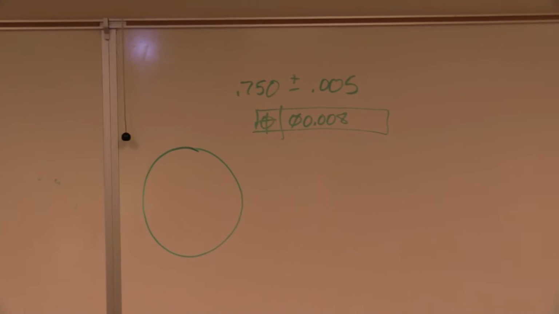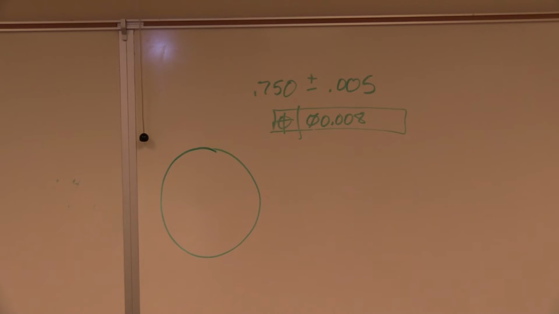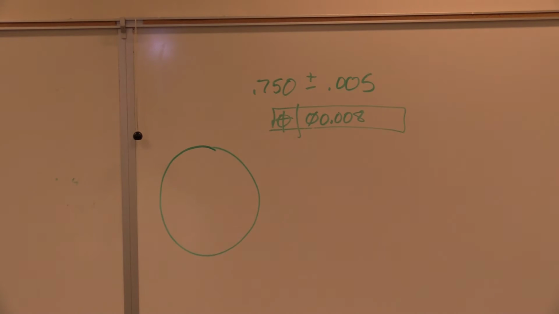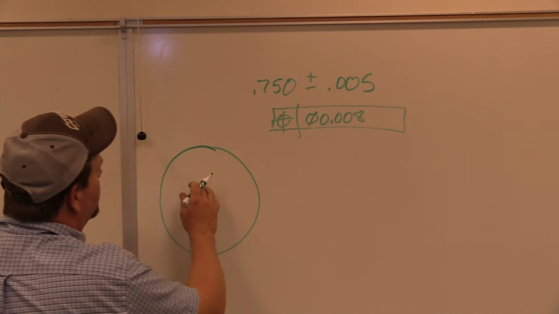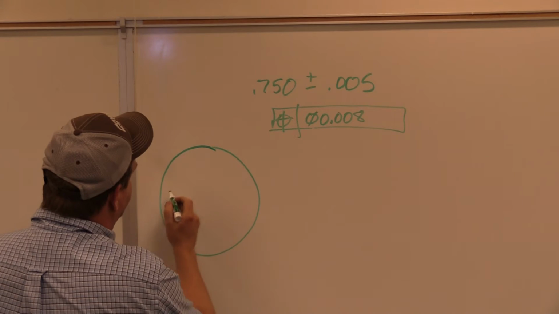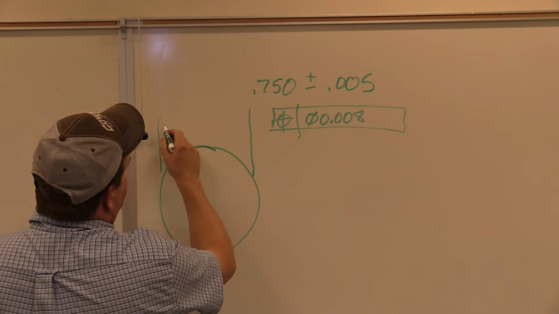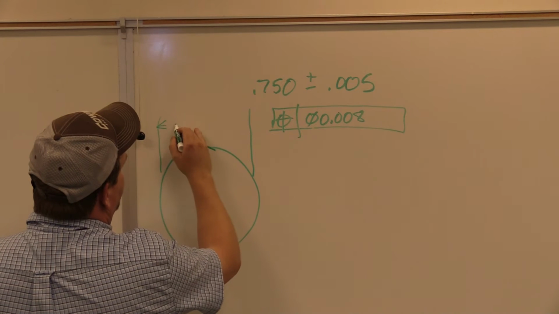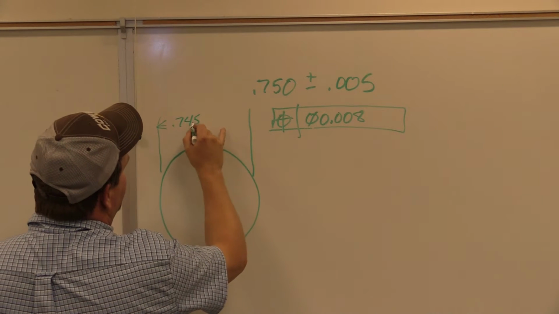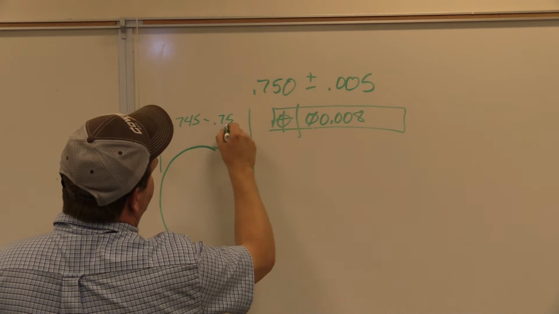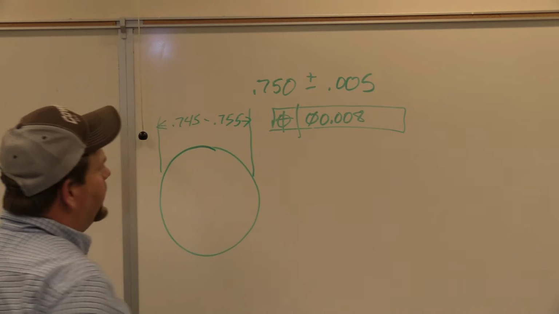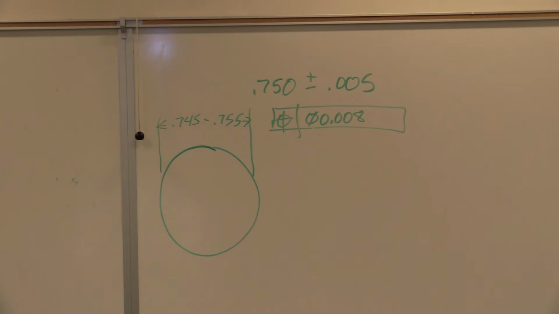So let's talk about this real quick. So it's telling us that this hole can be plus or minus 5 thousandths of an inch. So what it's saying is that this can be anywhere from 0.745 to 0.755. Okay, that's the allowable limit within it.